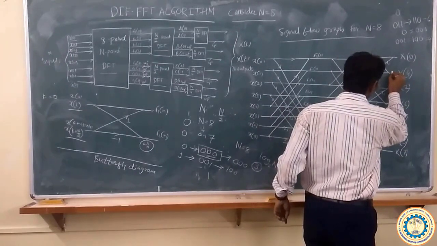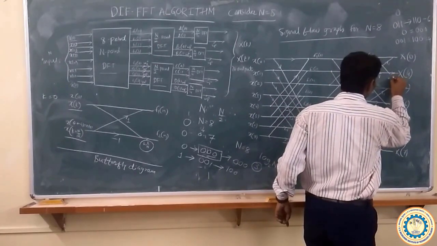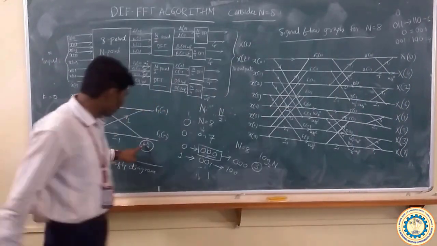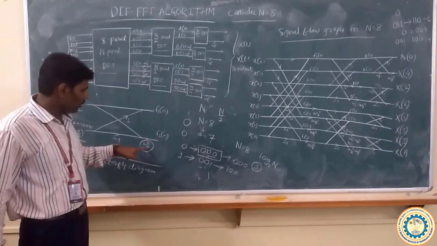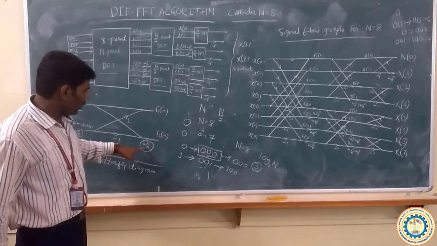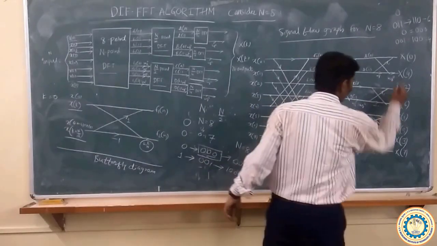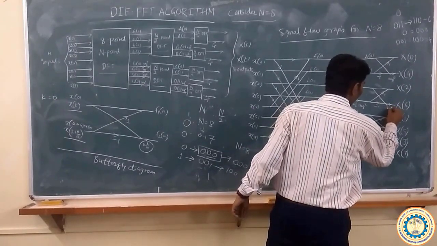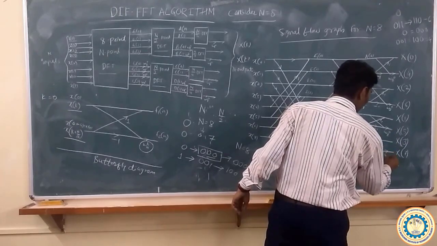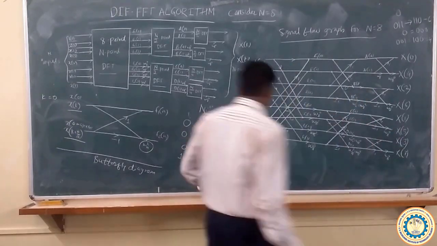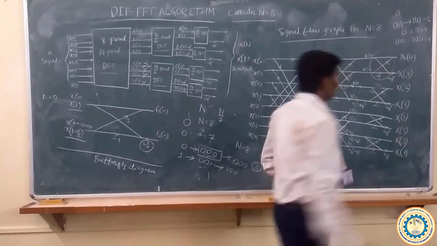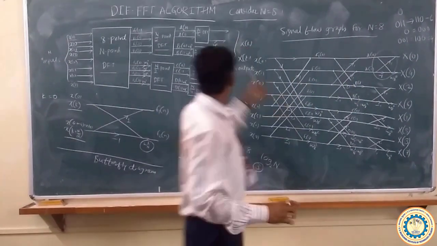The output here, the twiddle factor value will be W8 raised to 0, because here I have Wn raised to k. So here n is 8, as we are computing the 8-point DFT. So the output is W8 raised to 0. Here it is W8 raised to 0. So here, consider this butterfly diagram. This is N by 4.